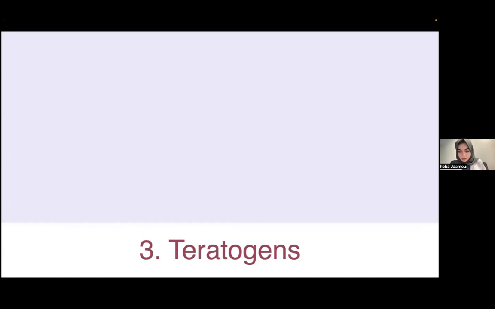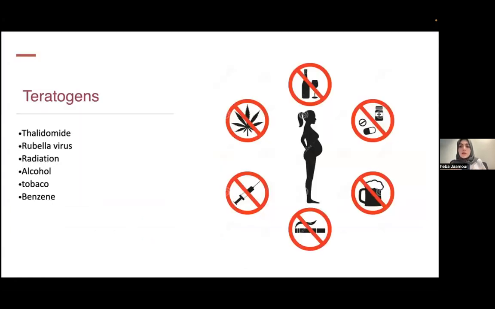Lastly, teratogens, okay? Teratogens mainly refer to stuff that is harmful for the mother while she's pregnant. This includes a lot of stuff, including things that make sense, like smoking, alcohol, and drug intake, and others that we weren't really very aware of back in the day, especially.